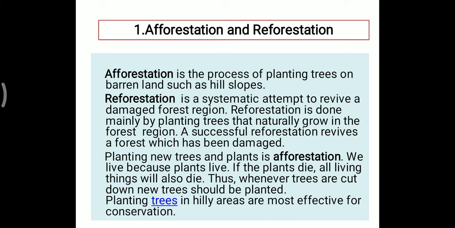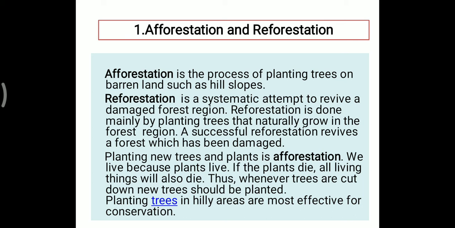Children, afforestation is the process of planting trees on barren land such as hills or slopes, and reforestation is another method of planting trees in a forest which has been destroyed earlier for some reason.